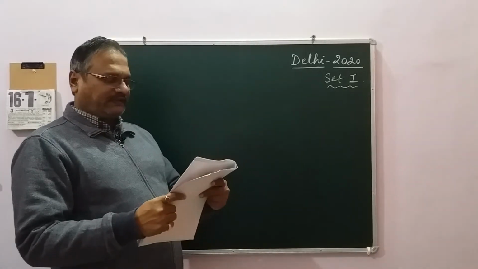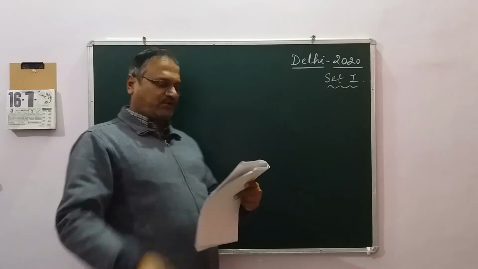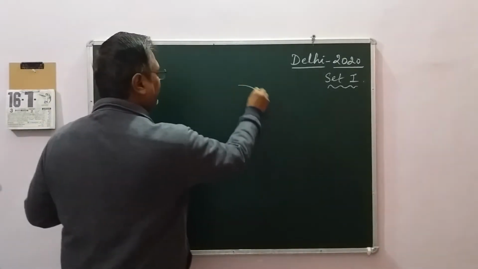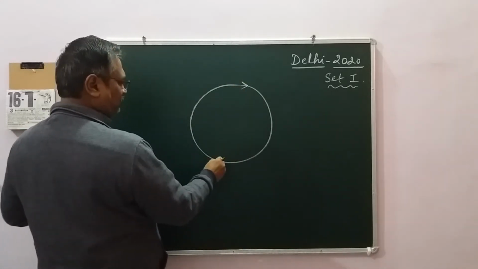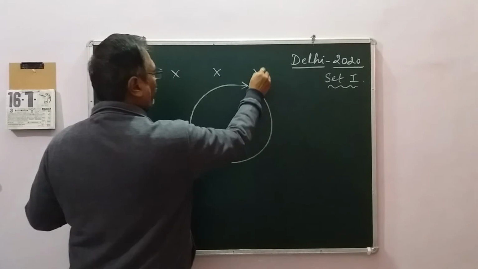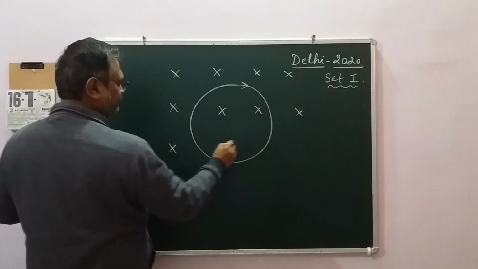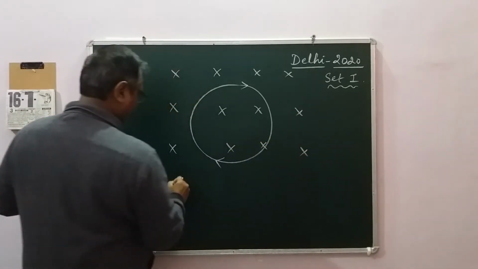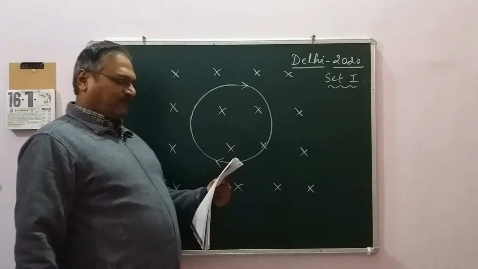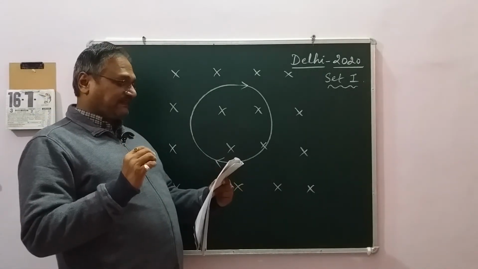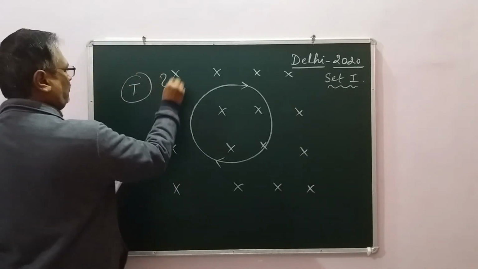The time period of a charged particle undergoing a circular motion in a uniform magnetic field. Circular motion it is going through. The field is uniform. We are going to magnetic effects of current. Now, he says the time period is independent of what?